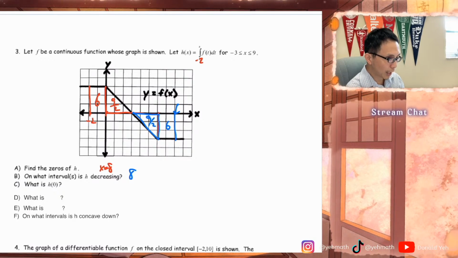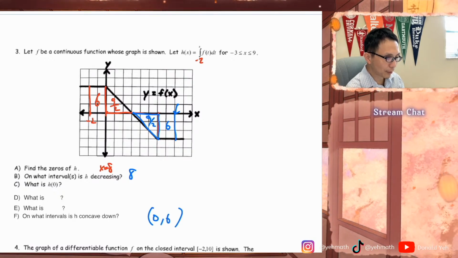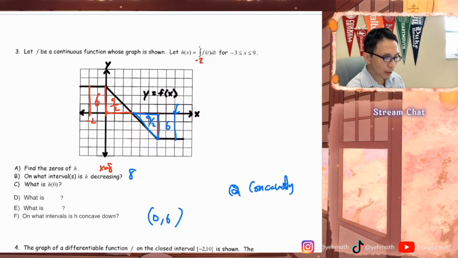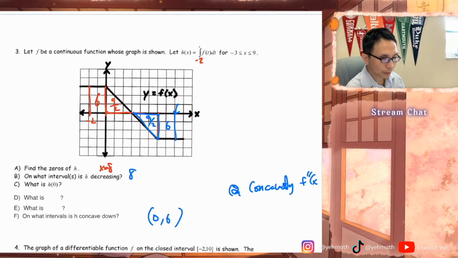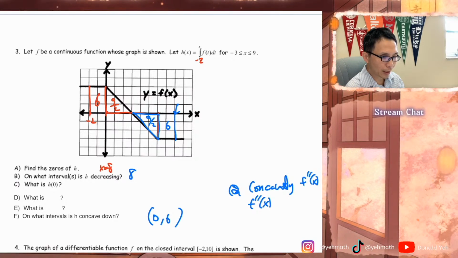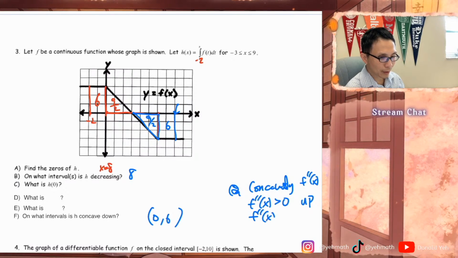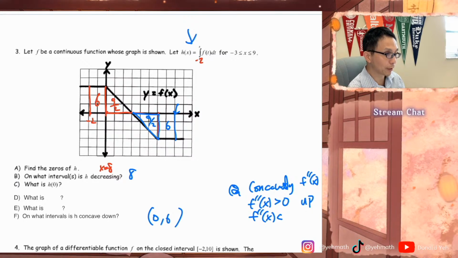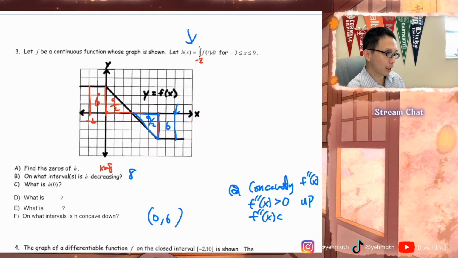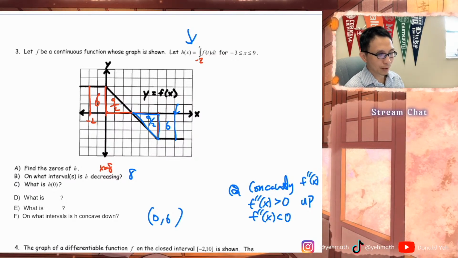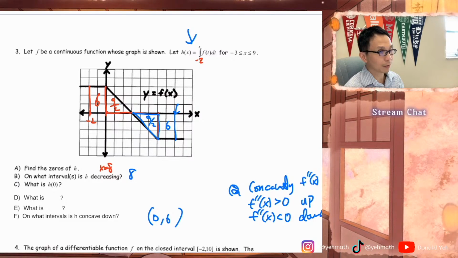Concave down, yeah, between 0 and 6. Concavity has to do with the double derivative. Okay? You have to understand, when the double derivative of x is greater than 0, it's concave up. If the double derivative is less than 0, it's concave down. This case is different, though; the double derivative is going to be f prime's derivative. Normally, if you just take a function and take its second derivative, if it's negative, it's going to go down, and if it's positive, it's going to go up.